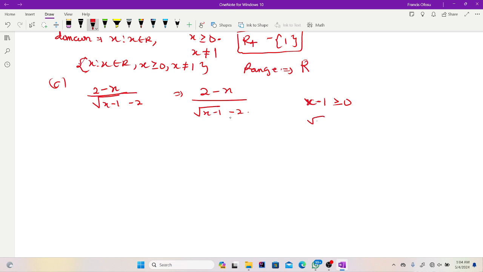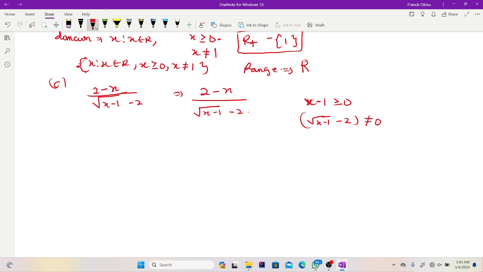Then the square root of x minus 1, minus 2, this whole expression should not be equal to 0. So these are the two conditions you state out. So let's see how we can take them out.